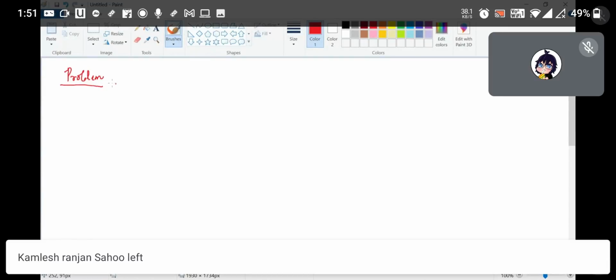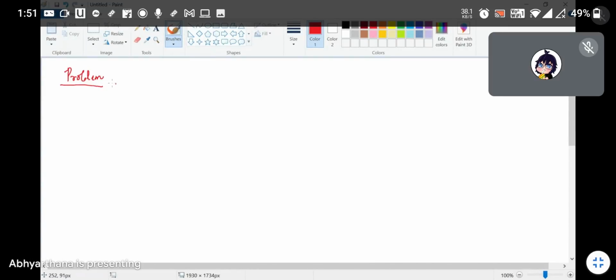Before going to the second problem, I have to give you one more expression, the expression of your solid acceptance angle. You know about your acceptance angle, that is theta A equal to sine inverse of NA.